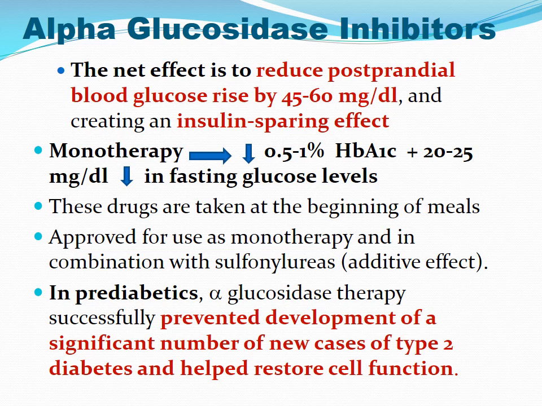In pre-diabetics, that is, patients at risk of developing diabetes, alpha-glucosidase therapy has been found to prevent the development of type 2 diabetes in the population and help to restore beta cell function to produce insulin.